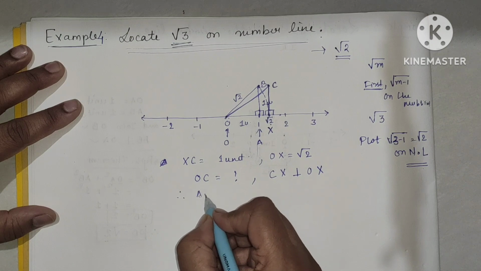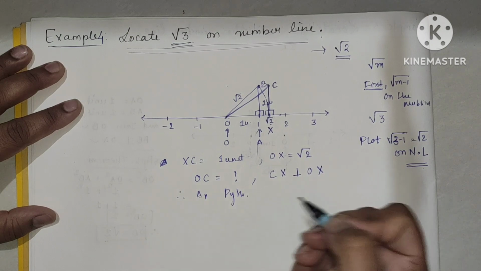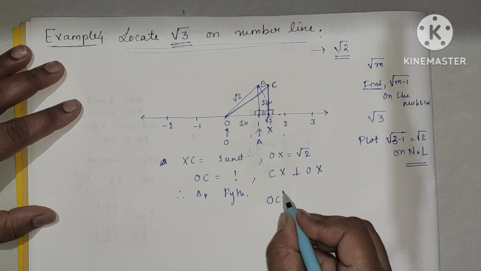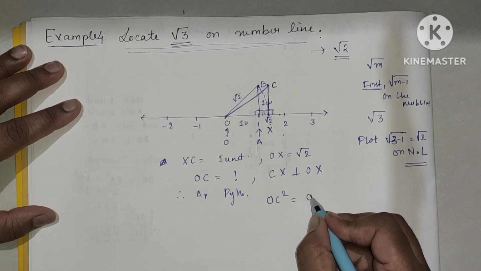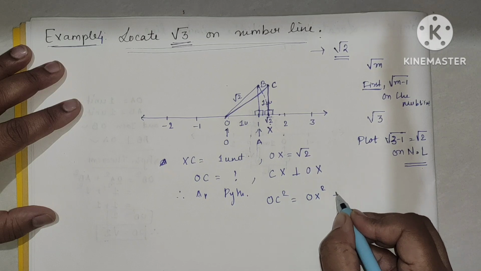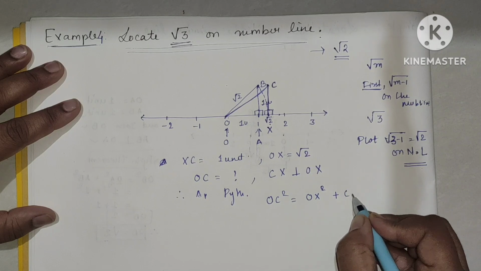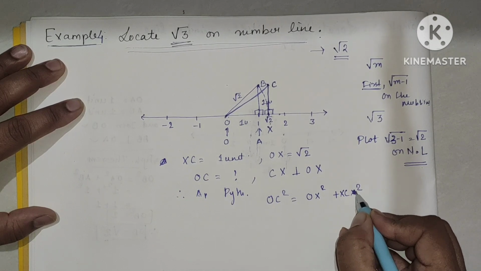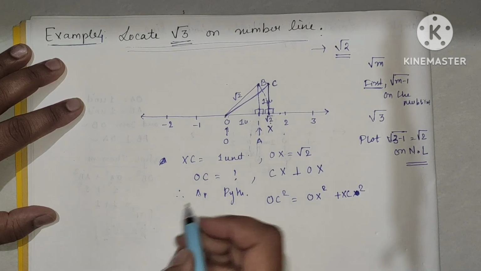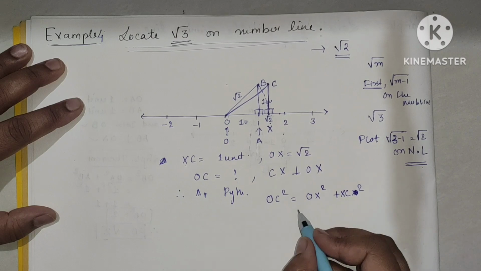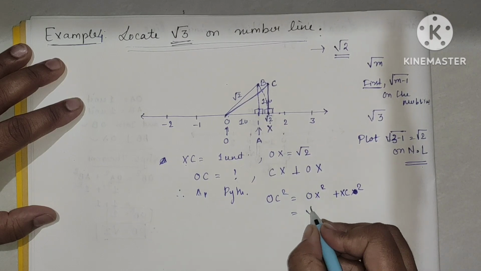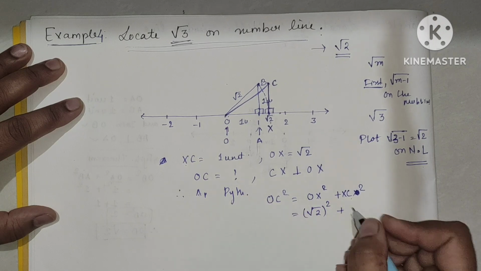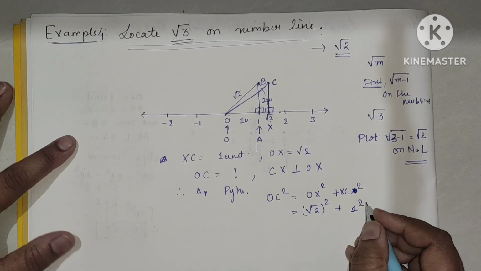Therefore, applying Pythagoras theorem, OC square is equal to OX square plus CX square. XC square. OX is equal to root 2, squared, plus XC is 1 unit, 1 squared.